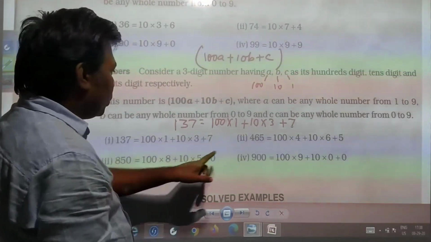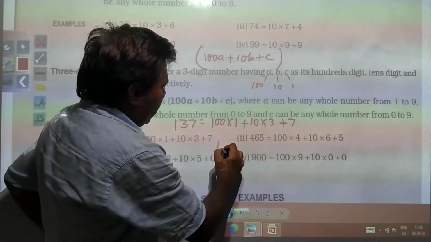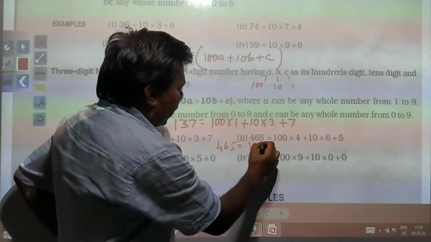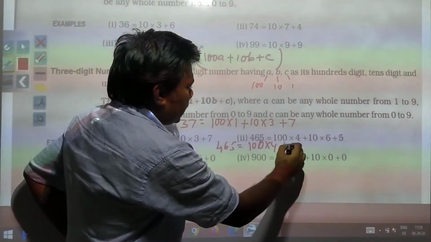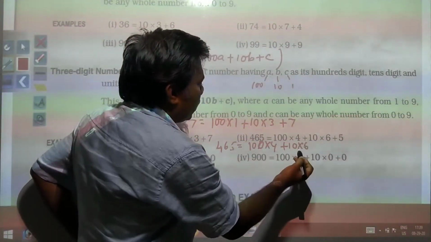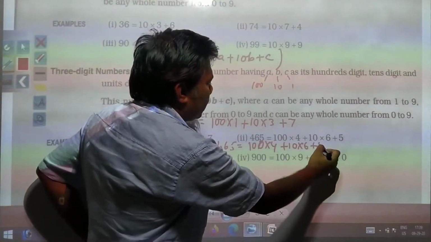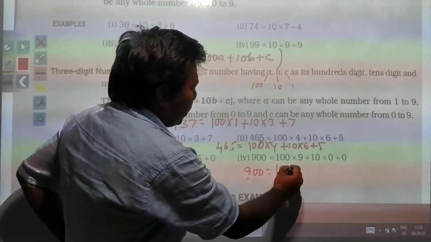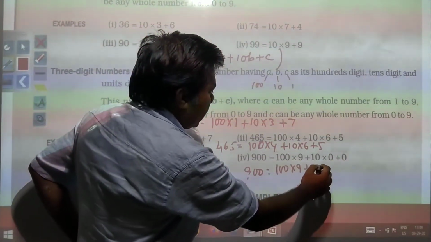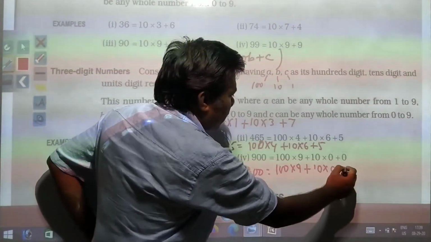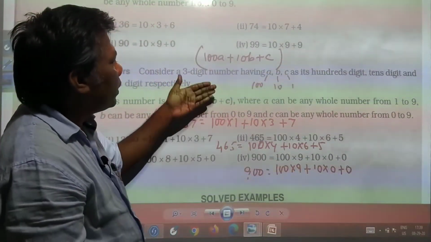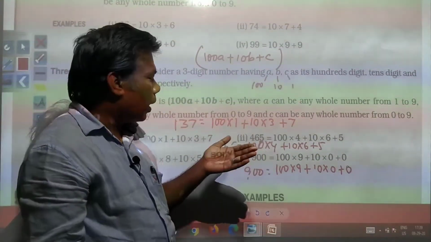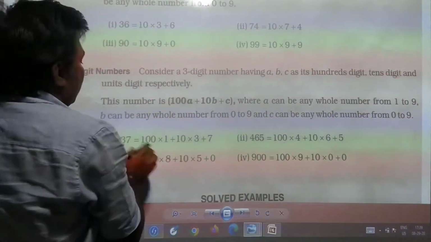Then suppose you have 465. 465 can be written as 100 into 4 plus 10 into 6 plus 5. 900 can be written as 100 into 9 plus 10 into 0 plus 0. So in this way, it is required to be expressed in generalized form. I hope you understood. We will see some examples.